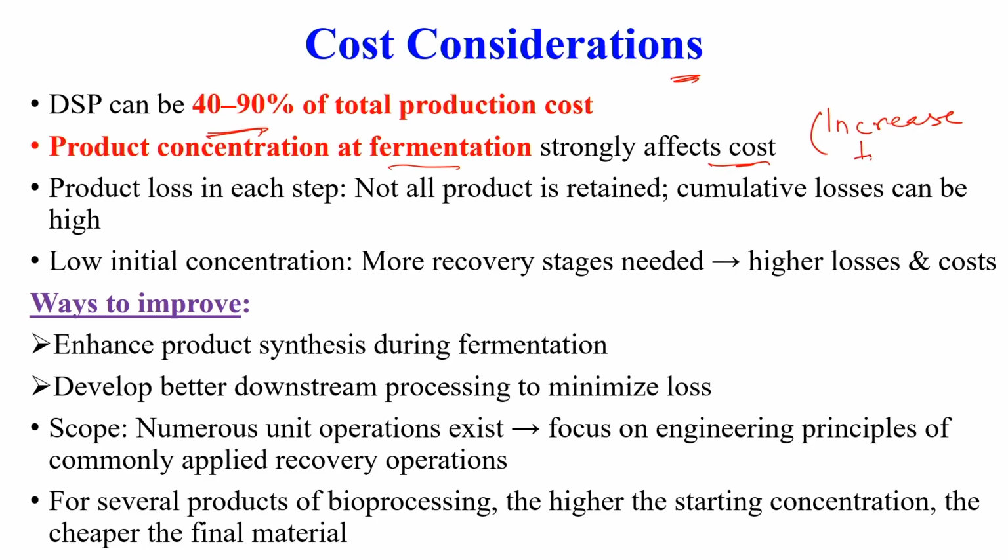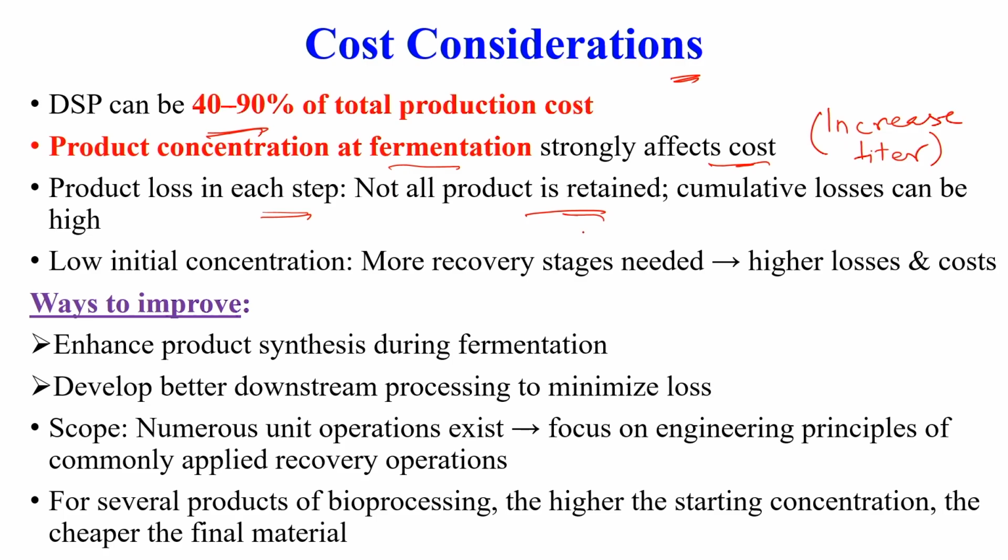That is why a lot of research is going on into how to improve the yield of the product, how to have a better strain, how to better utilize the media, and how to increase the concentration of your desired metabolite.